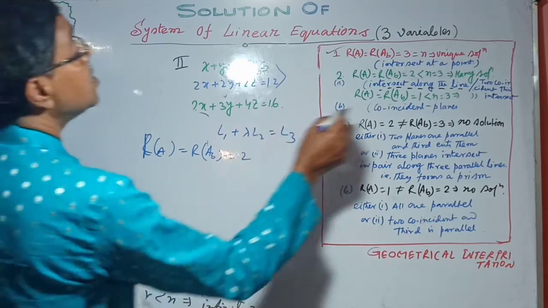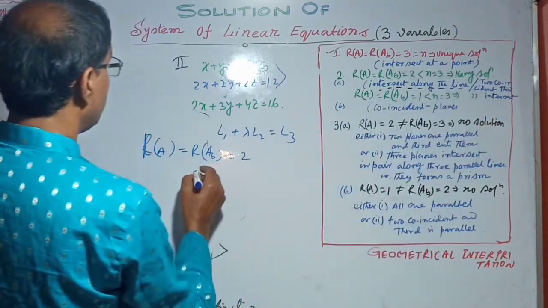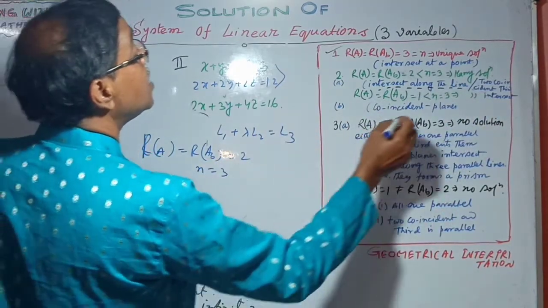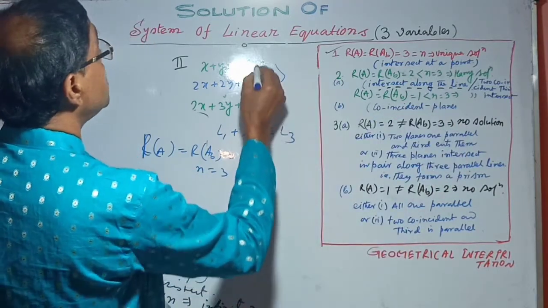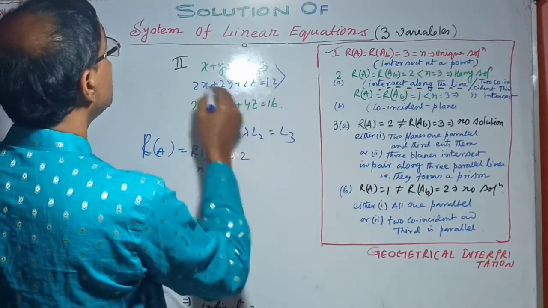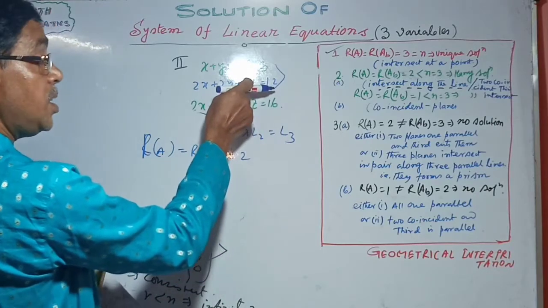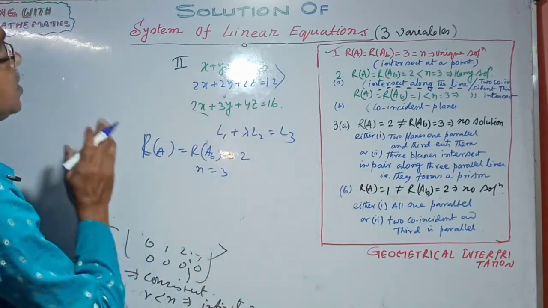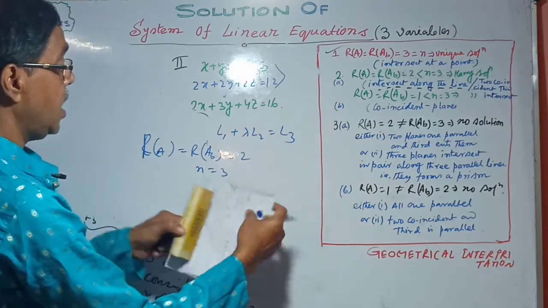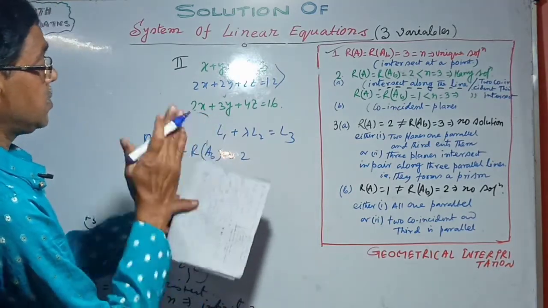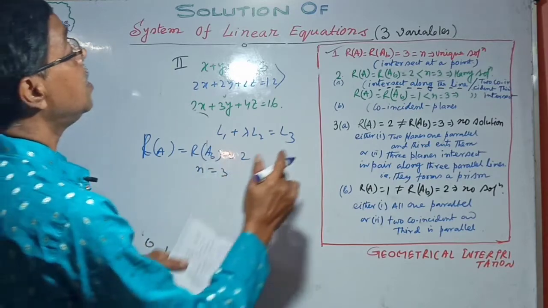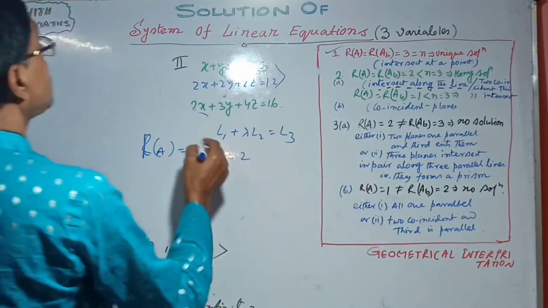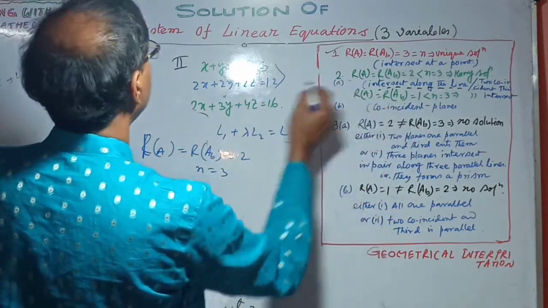Here the number of unknowns n equal to 3. Here two planes are coincident, and the third plane intersects them along the line. Two coincident planes and another plane intersect along a line. This is the case of 2a.